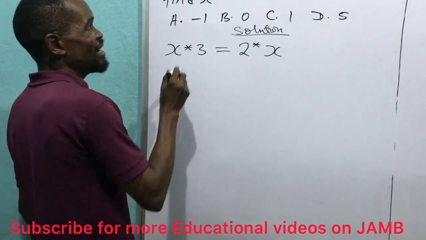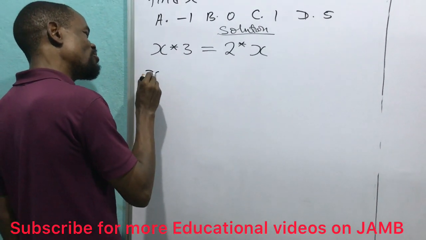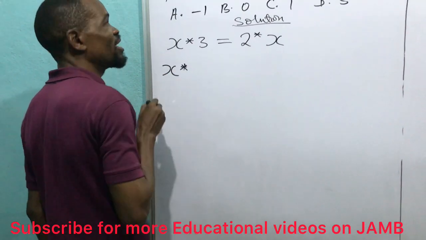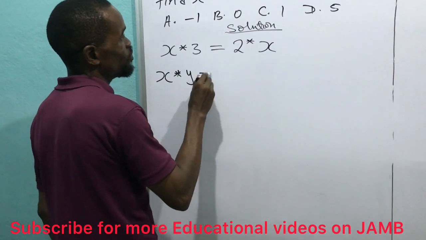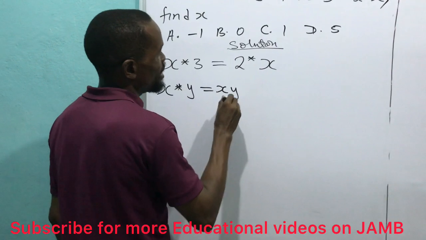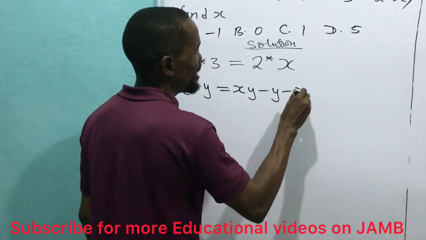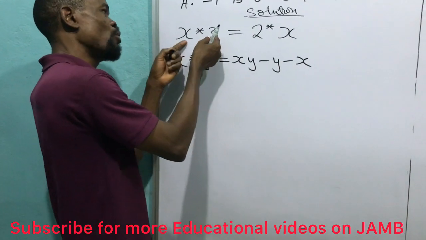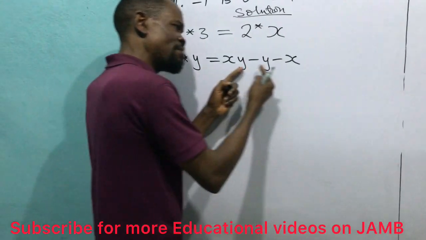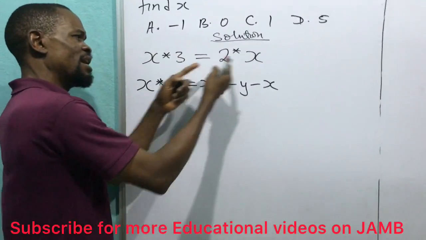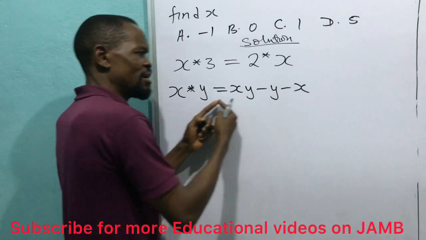Look at the operation they give me: y multiplication x equals x, y minus x. It means that I should put this over here, get my value here, then take this, put again here, get my value here.